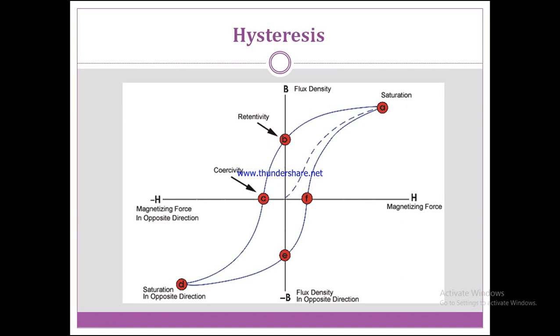Now as we decrease the flux density again towards the negative side, that means in the opposite direction, we can get the saturation in the opposite direction.